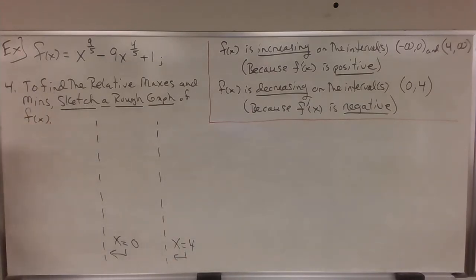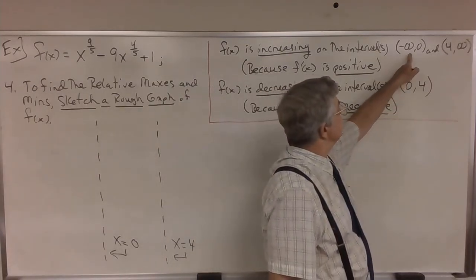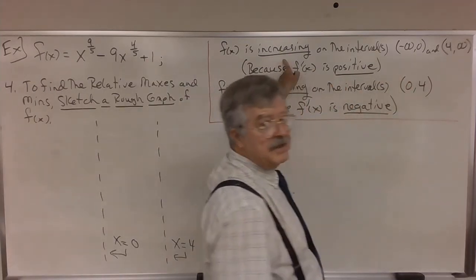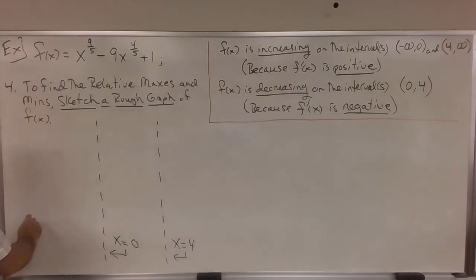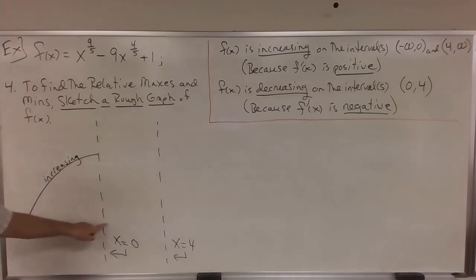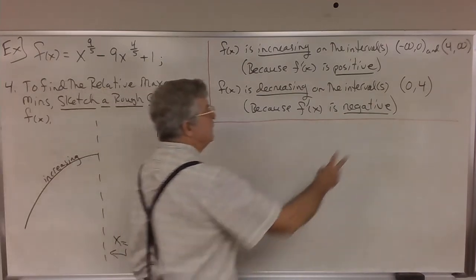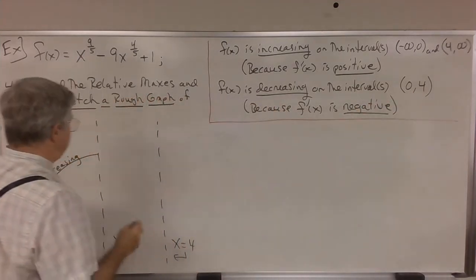And from negative infinity to x equals 0, f of x is increasing. And an increasing function goes uphill. So here's f of x increasing. And between x equals 0 and x equals 4, f of x is decreasing.